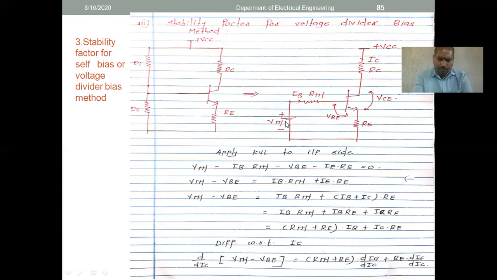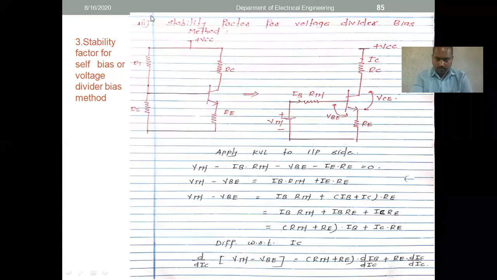See, this is the figure. In that figure we apply KVL at the input side.